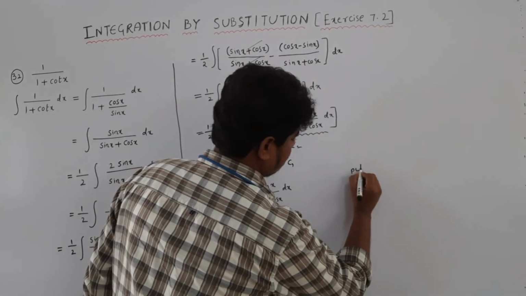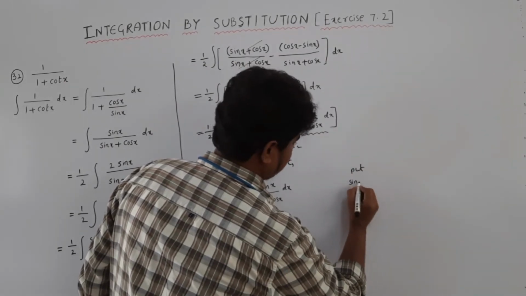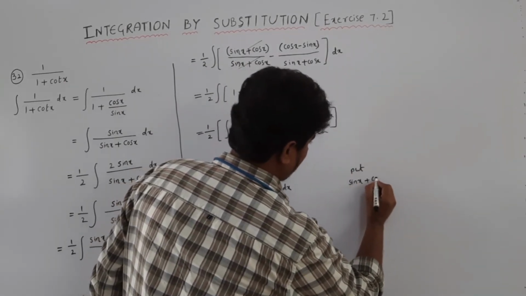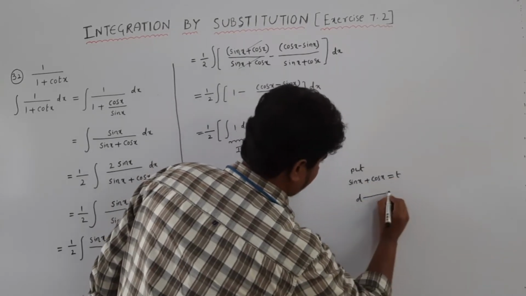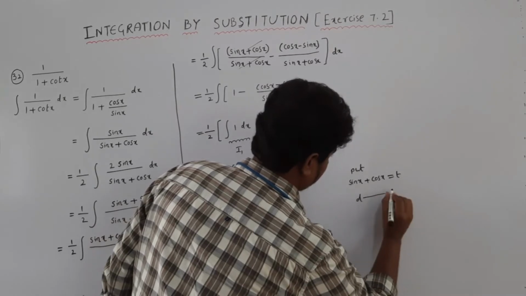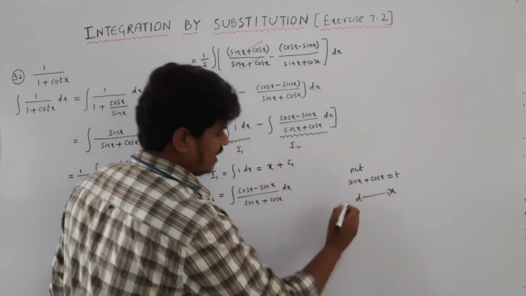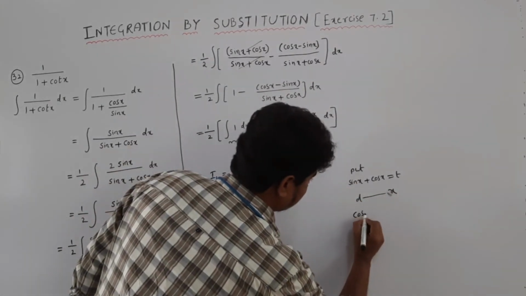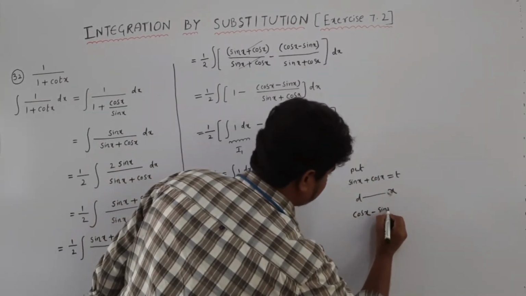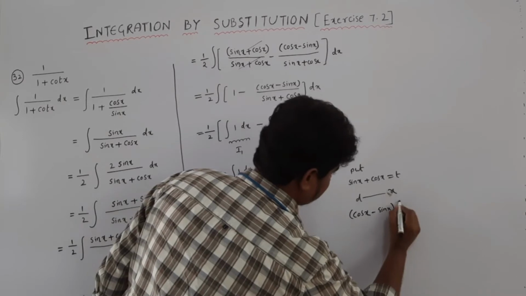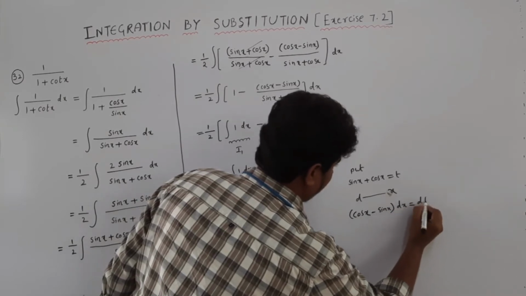Put sin x plus cos x equals t. Differentiate both sides with respect to x. What is the derivative of sin x? Cos x. What is the derivative of cos x? Minus sin x. So (cos x minus sin x) dx is equal to dt.